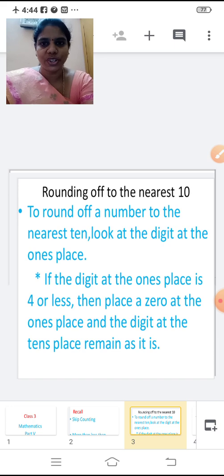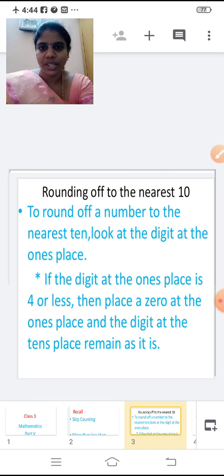So rounding off to the nearest 10. To round off a number to the nearest 10, look at the digit at the ones place.